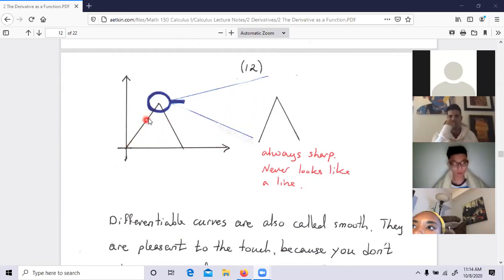So notice that it's differentiable anywhere to the left of this peak and anywhere to the right of this peak, because zooming in at this point, what will I see? I will see a line, correct? What line will I see? I will see that same line, no matter where I zoom in here. So that means that it's only not differentiable at the peak.